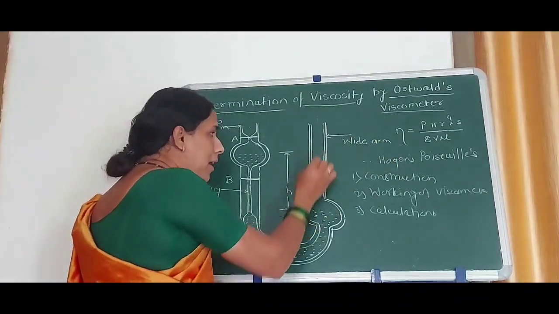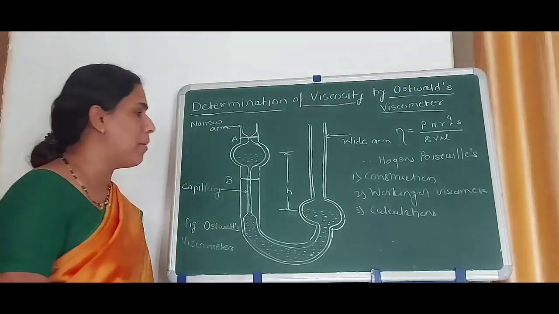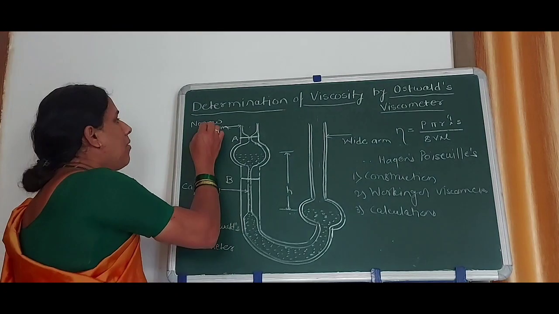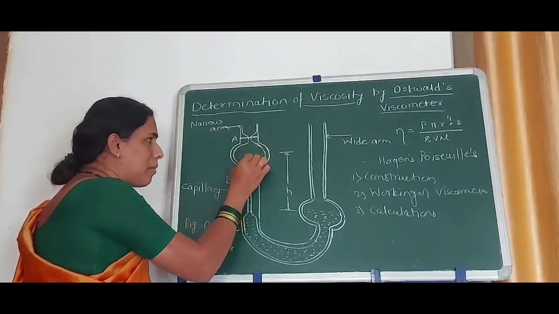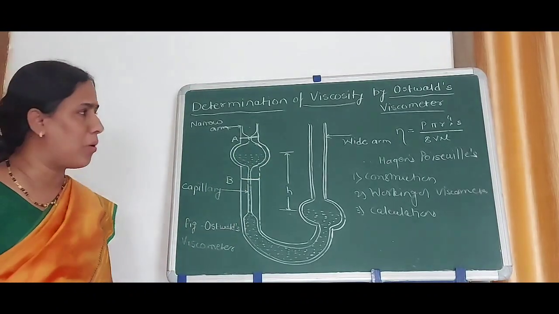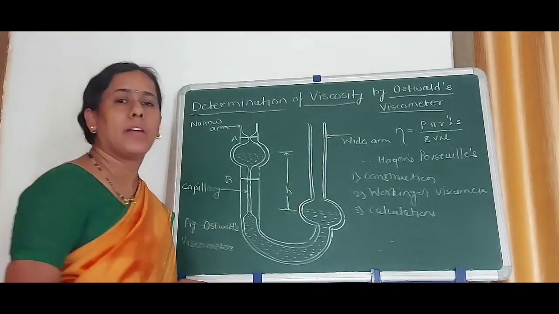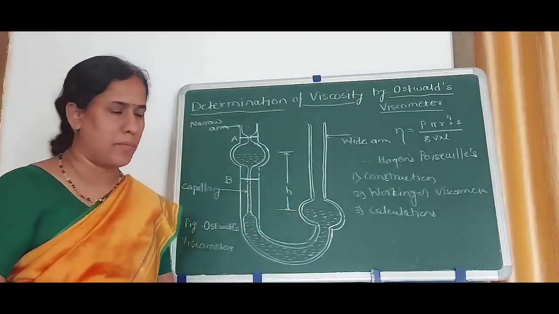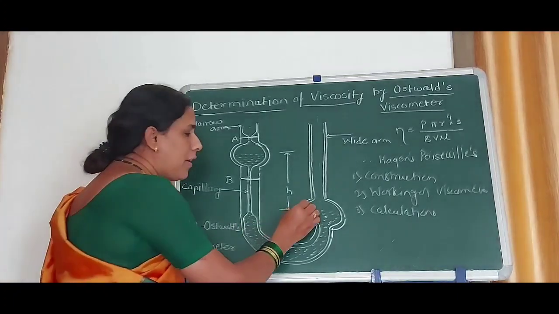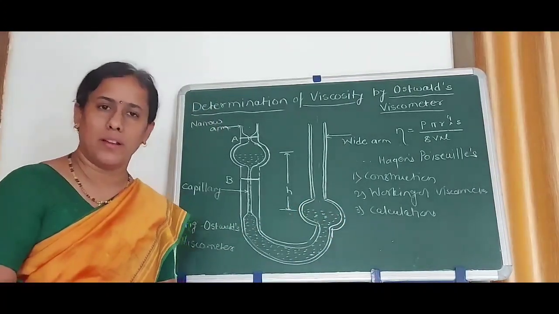This wide arm has a concentric bulb at the base, while the narrow arm has a concentric bulb at the upper end. Whatever liquid we have to use can be inserted from this wide arm, of a known volume, about 20 ml.